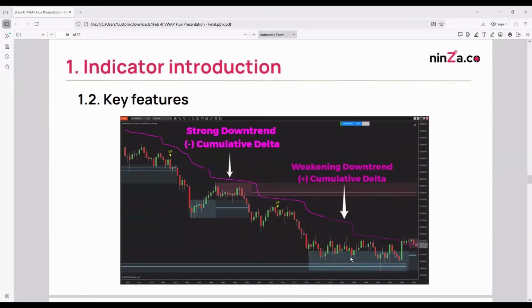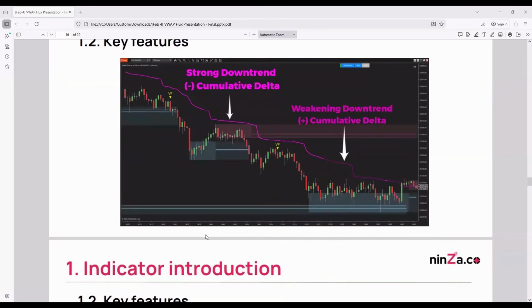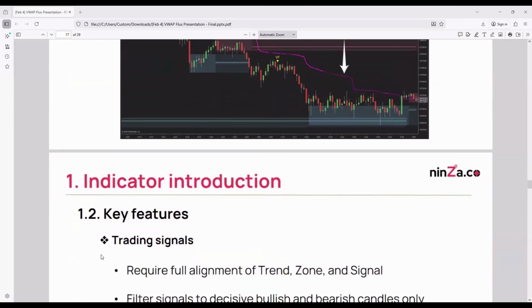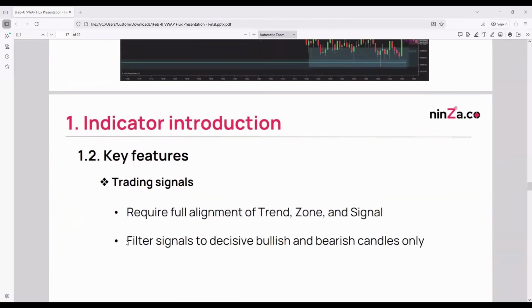So even though, yes, we are still bearish, there are already hints that possibly a reversal is coming, or at least a pause in the selling. So you would obviously not necessarily want to take a short there. It has trading signals. Again, for me, the signals are secondary. The signals are fine. To me, it is secondary to just the story that it tells.